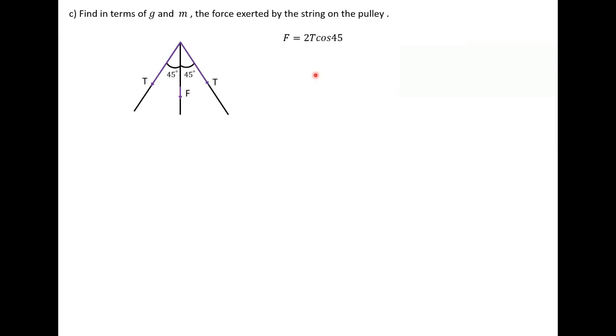So we can therefore get that required force exerted by the string on the pulley. That required force is actually equal to 2T then cos 45, where T here is actually the tension which we have obtained in the B part of the question. So substitute that: cos 45 degrees, which we know is actually square root of 2 divided by 2.